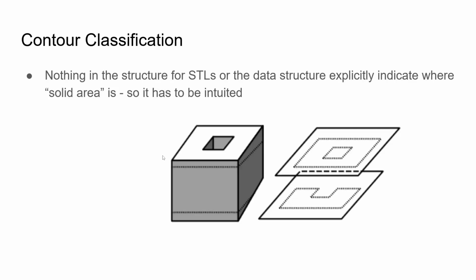But another thing worth noting real quick is that once the contours have been generated, an important thing would be to identify which are the exterior and the interior contours. If you have a solid thing like a cube, that's fine. But in this case, we have a cube with a hole in it, right? We know that this area is exterior.